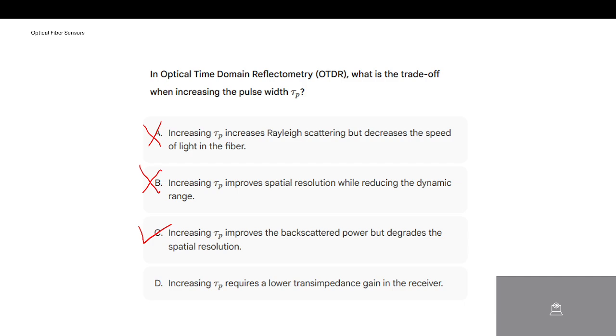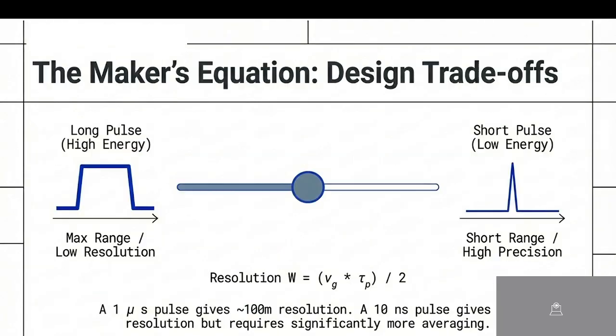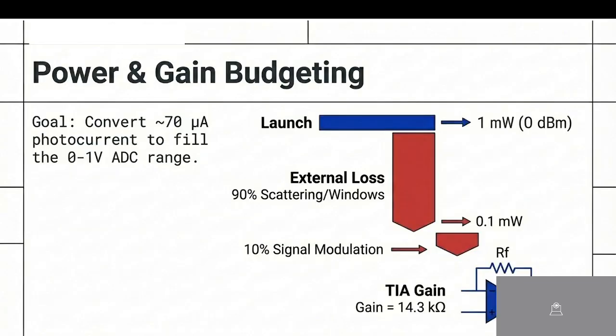improves the backscatter power but degrades the spatial resolution. If you go for a longer region, here we can understand, so resolution will be low.